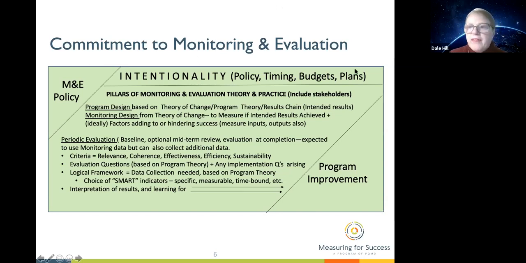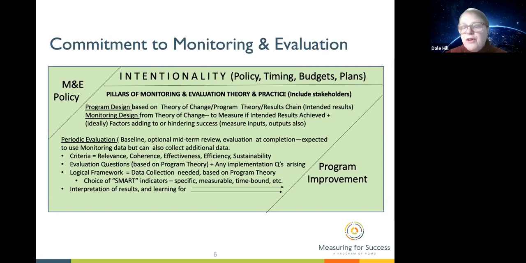It's very important that the indicators are defined in a way that makes them meaningful. So there is an acronym that is in the M&E literature called SMART. And some of the specific requirements are things like indicators should be specific, they should be measurable, they should be time bound, for example, per year, per quarter.